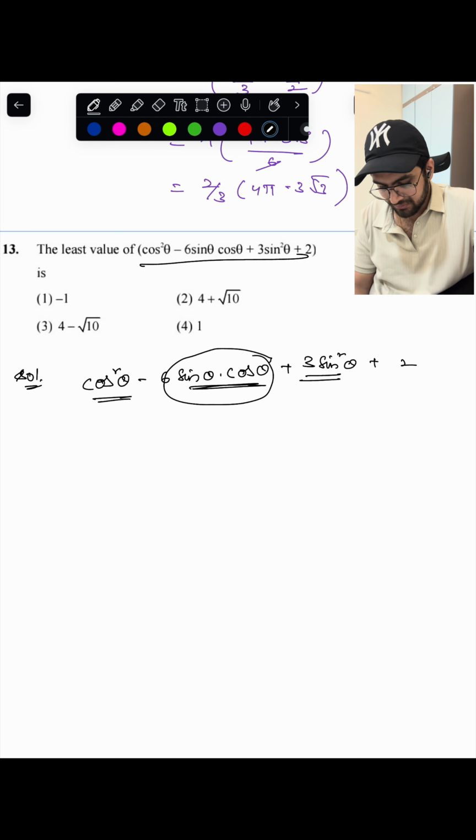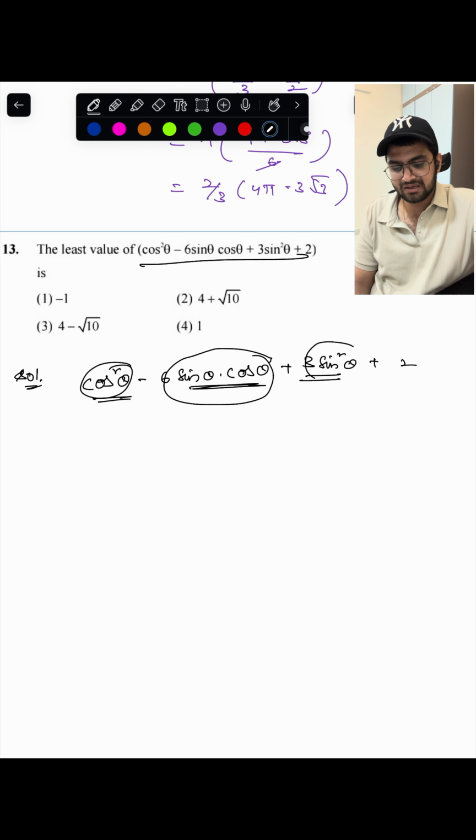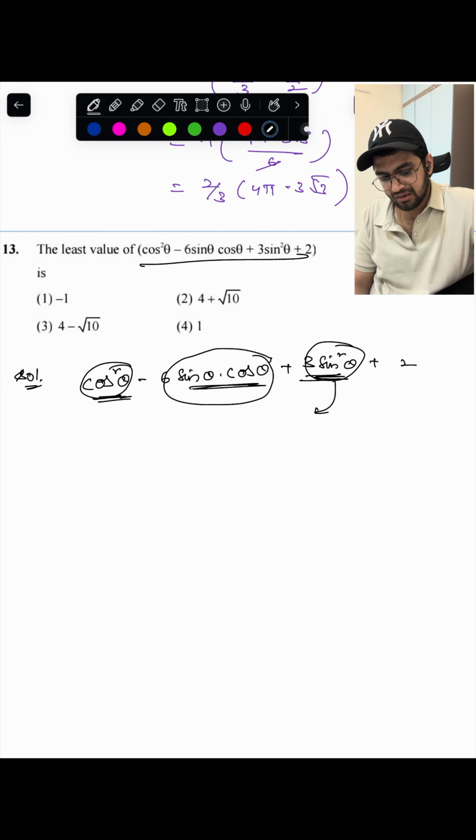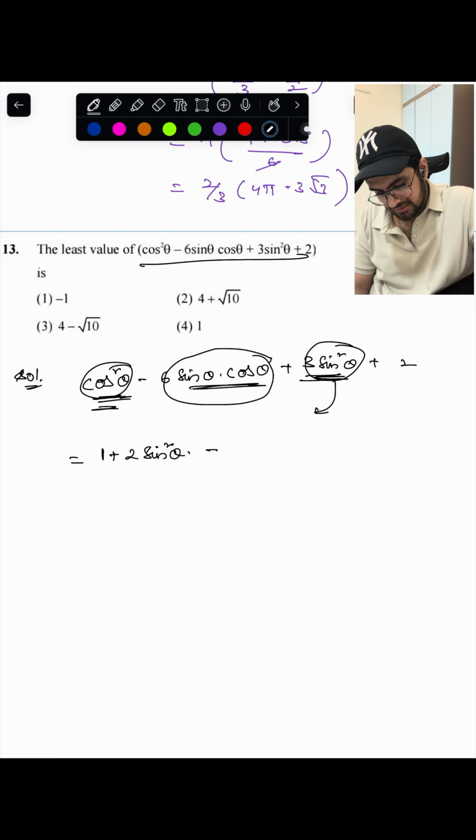How will I explain? Here cos square theta plus 3 sin square theta is there. I will take 1 sin square theta from here and combine it with cos square theta, which gives 1, and you are left with 2 sin square theta. So 1 plus 2 sin square theta minus 3 into 2 sin theta cos theta, plus 2.